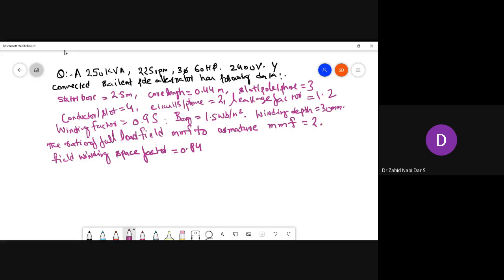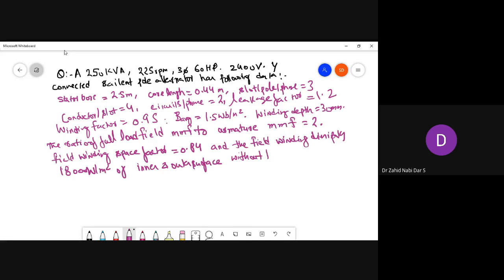And the field winding dissipates 1800 watt per meter square of inner and outer surface, without the temperature rise exceeding the permissible limit.